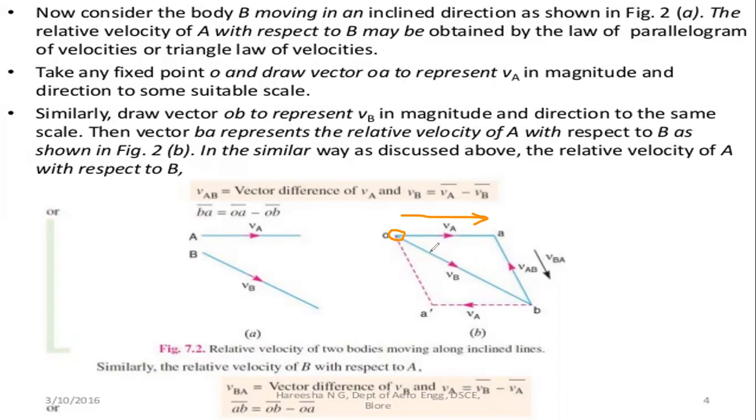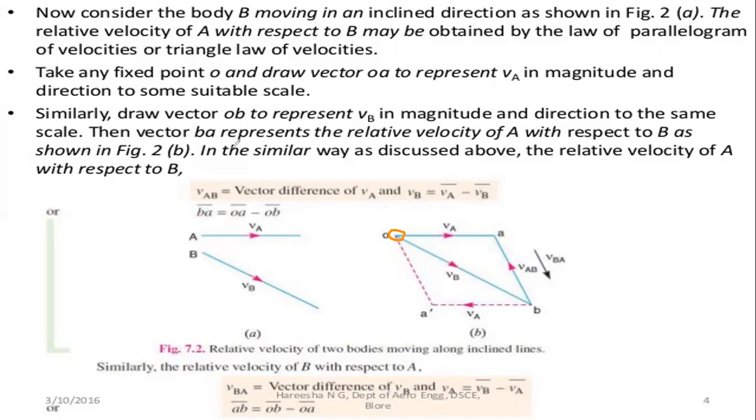And next, similarly, draw the vector OB. This is the vector OB, which represents VB in both magnitude and direction, to the same scale. So I'm taking the same scale here.